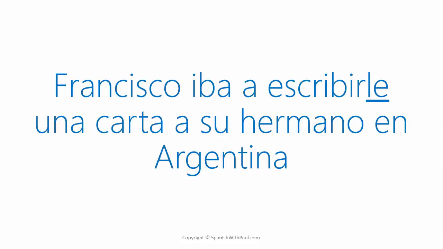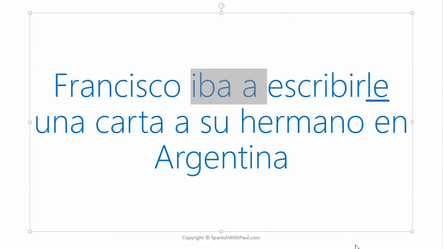Francisco iba a escribirle una carta a su hermano en Argentina. So again, it doesn't matter what the handle is, whether it's was going to, is going to, present tense, doesn't matter. You still have to find a way to include the redundant le for the verbs that fall into that category of taking it.